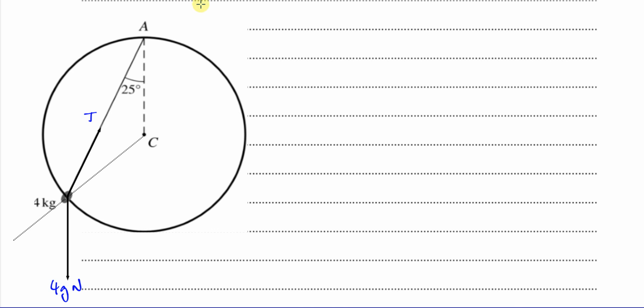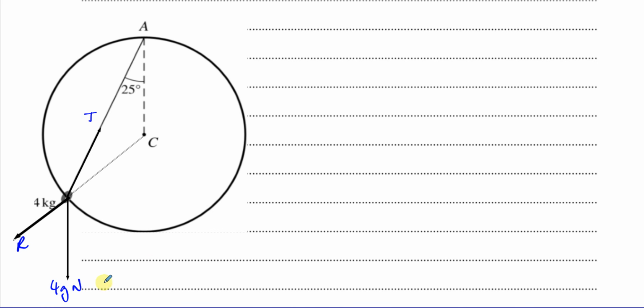It's perpendicular to the surface, so it's going to be like the normal to the tangent at this point. It's going to act in this direction here. That's going to be the reaction force, and it has to be in this direction to balance out the tension, which has a component towards the right. This has to have a component towards the left to balance it out.